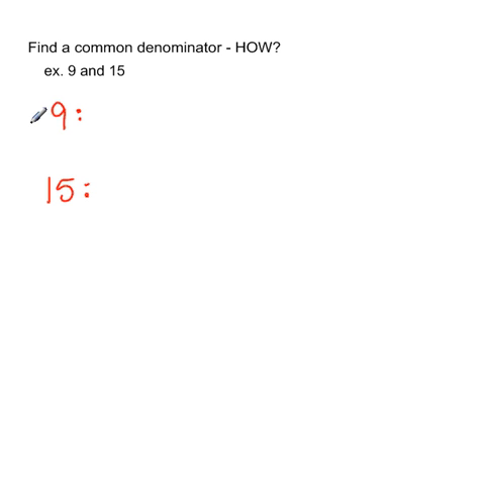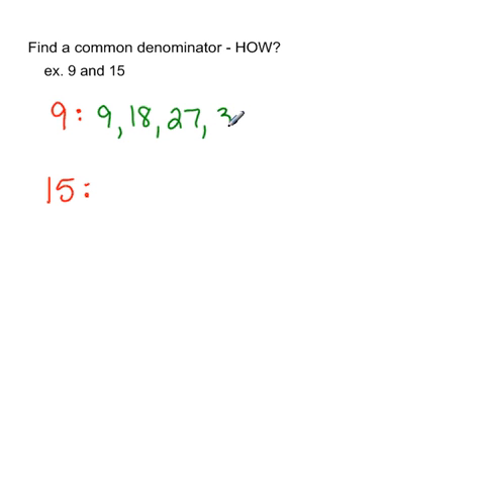So what we're going to do is write the multiples of both of these numbers. Multiples meaning the multiplication tables that you guys learned. This is why. Starting off here, what's 1 times 9? And you would say 9. What's 2 times 9? 18. What's 3 times 9? 27.